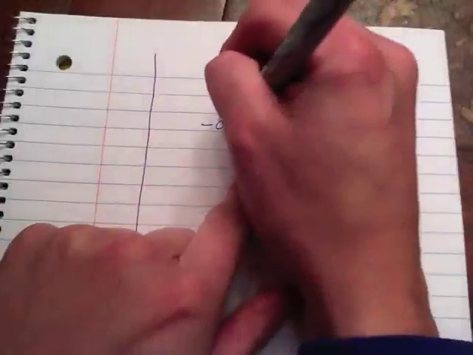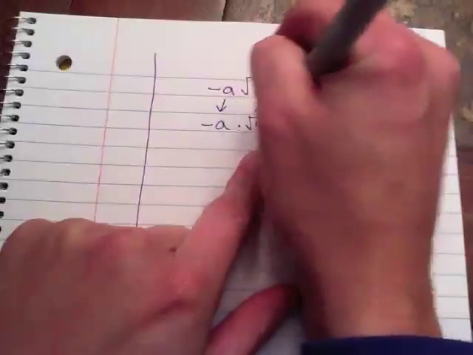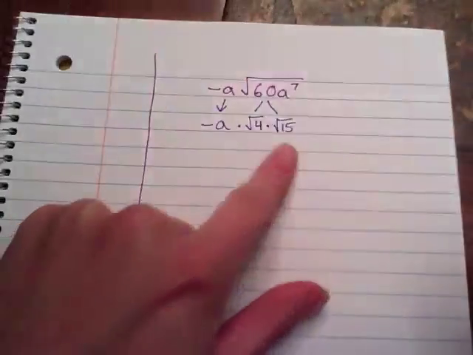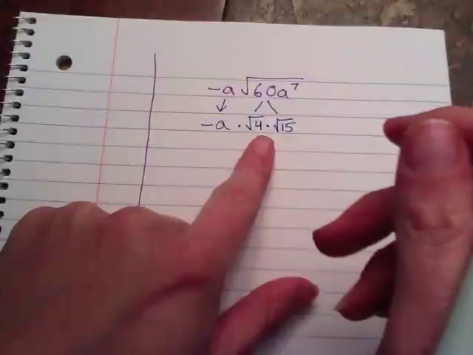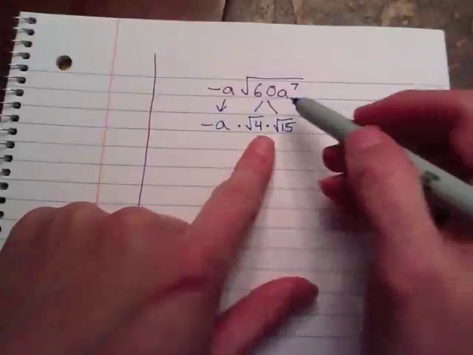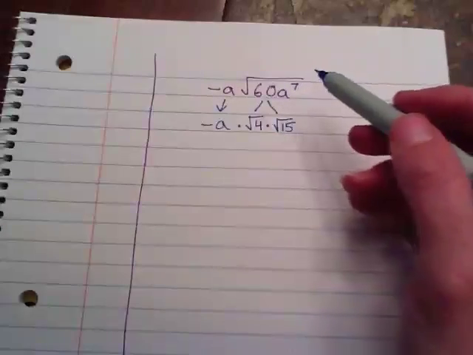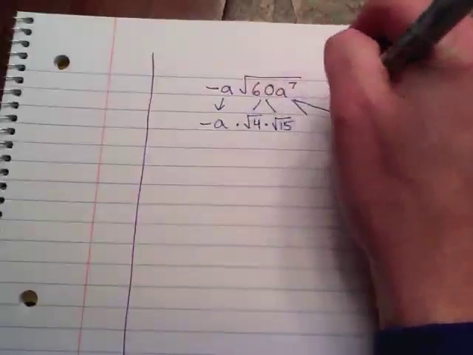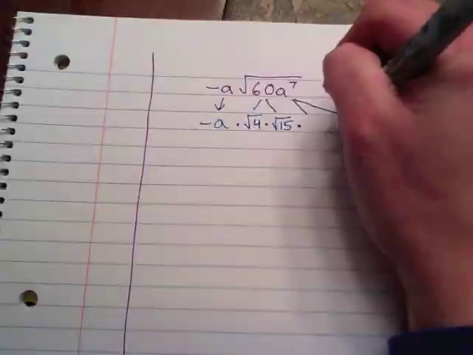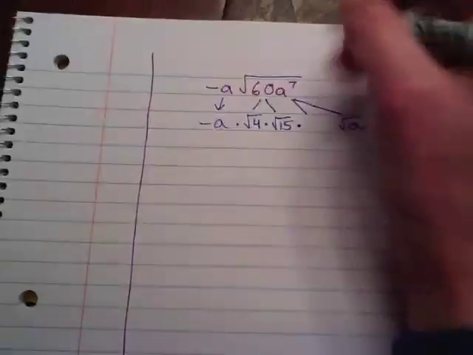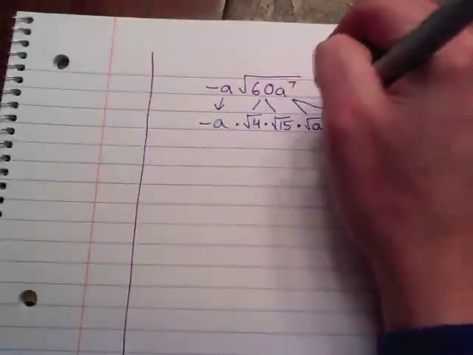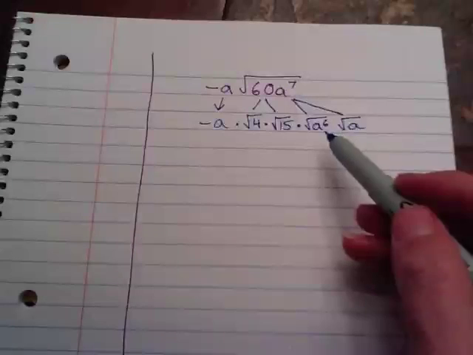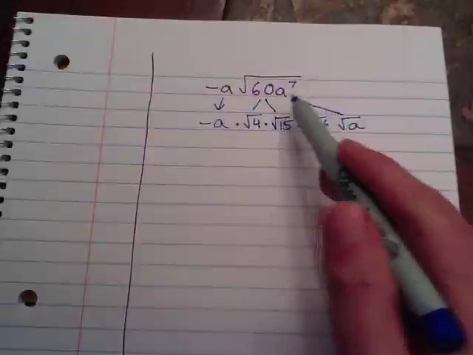And I found 4. So square root of 4 times the square root of 15 gives me 60. Now I see my variable, and my variable has an odd exponent, so I need to go ahead and break that one apart too. I'm going to have the 1 that's left over, and I had 6 to make it even. So the 6 and the 1, total of 7 a's.